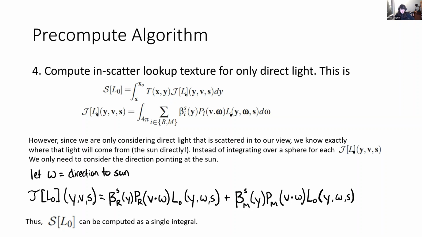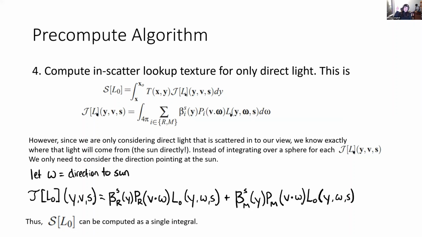The value of this is going to be how much light is scattered into your view, but that light was originally straight from the sun, so scattered once. Using that, you can simplify this a bit. The light is still being scattered into our view, but we know where that light came from, which is the sun. So at each point along our ray, we no longer have to integrate over the whole sphere to figure out every direction.